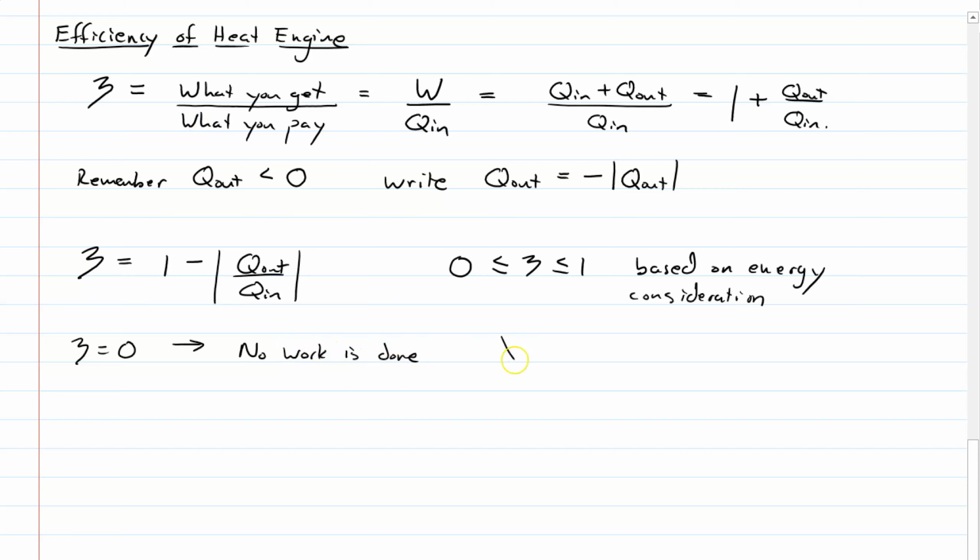What would that look like in my engine diagram? That would be like some hot reservoir and some cold reservoir, and my engine wouldn't do anything. It would just transfer heat from the hot to the cold. So that's a pretty useless engine. Work done is 0. Eta is equal to 0.